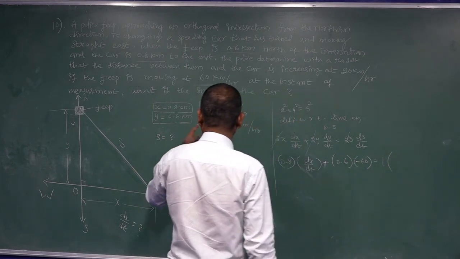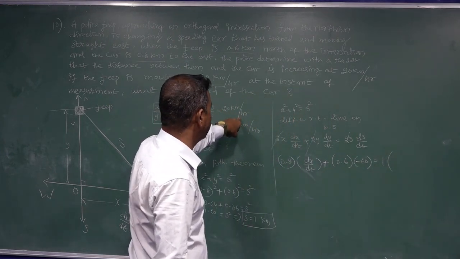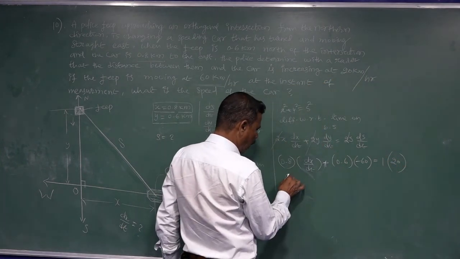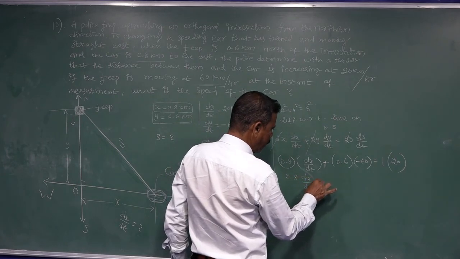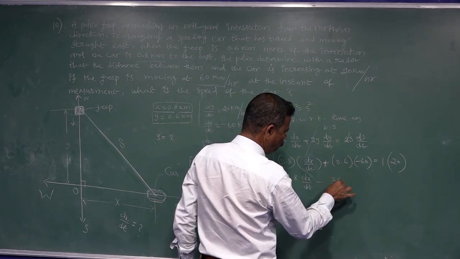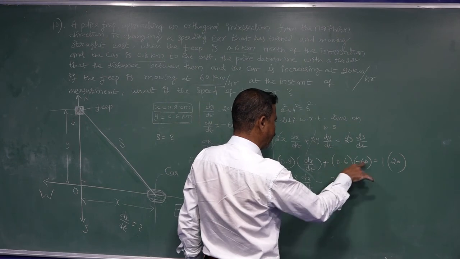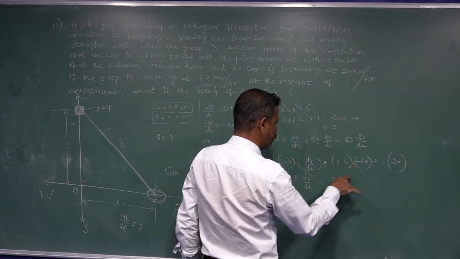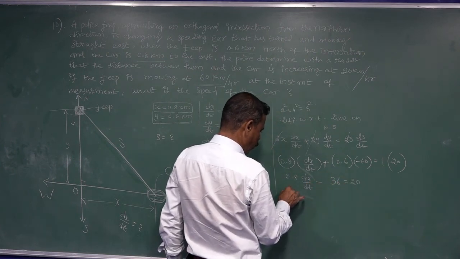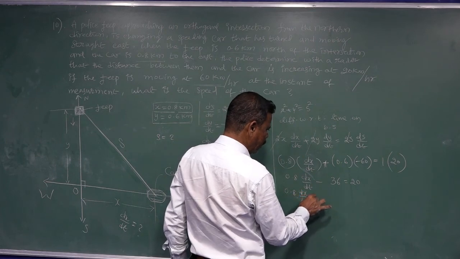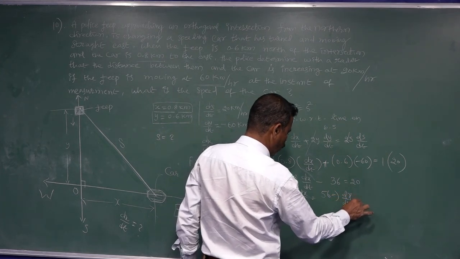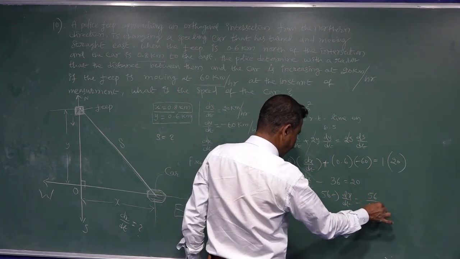Times ds by dt, 20 kilometers per hour given, increasing at 20 kilometers per hour. Now 0.8 dx by dt minus 0.6 times 60, which is 36, equal to 20. Minus times minus... Now 0.8 dx by dt is equal to 20 plus 36, which is 56. After this, dx by dt is equal to 56 by 0.8.